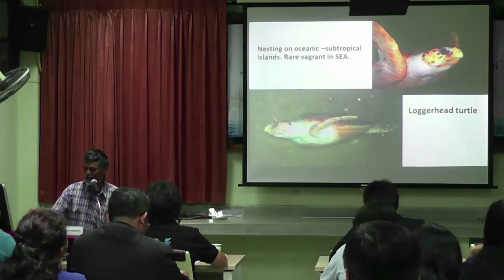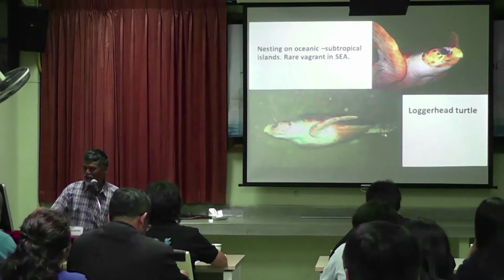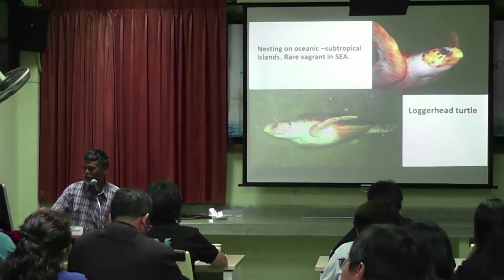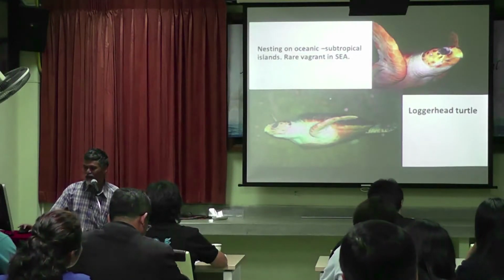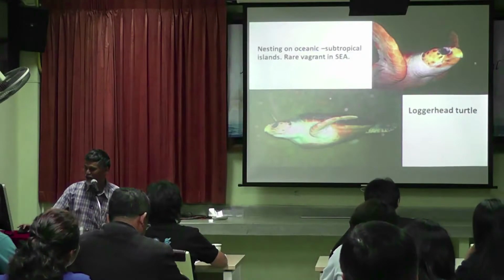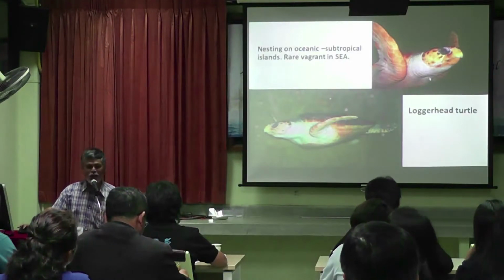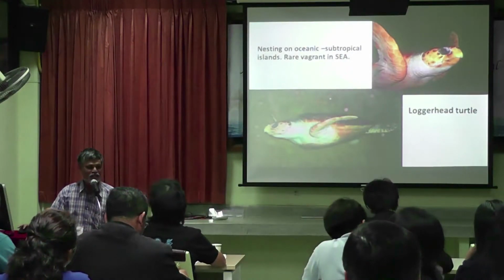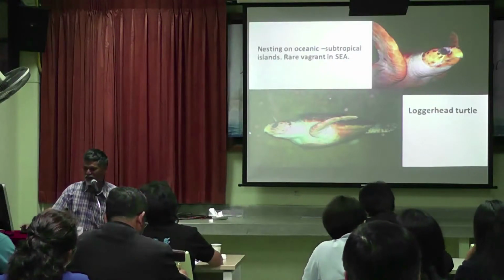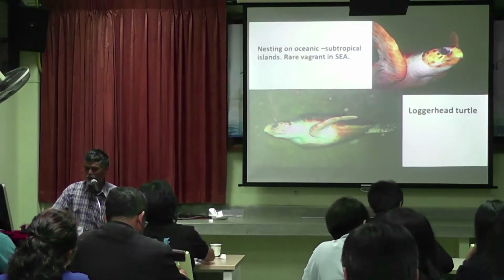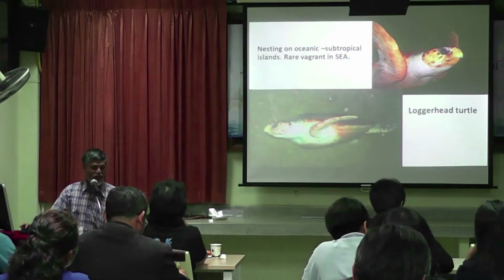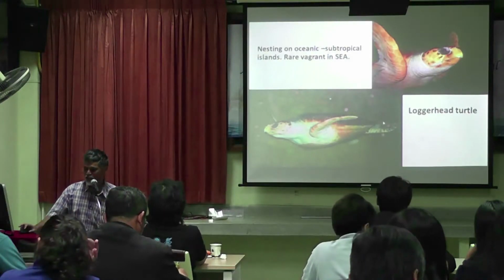Next one is the rare one in the Pacific water. In this region, the so-called loggerhead turtle occasionally occurs. This one is also a very aggressive turtle. If you are not handling them carefully, they bite your hand or you even lose your finger because it is quite aggressive. They have to fight with their predators, which are sharks. This turtle will fight with the sharks bravely.